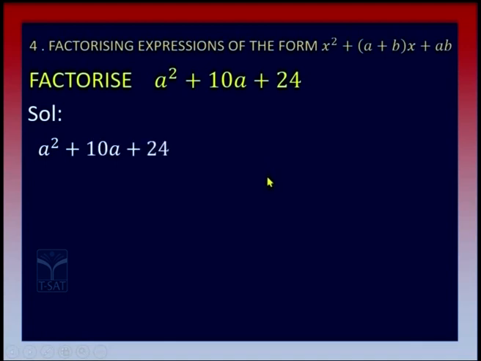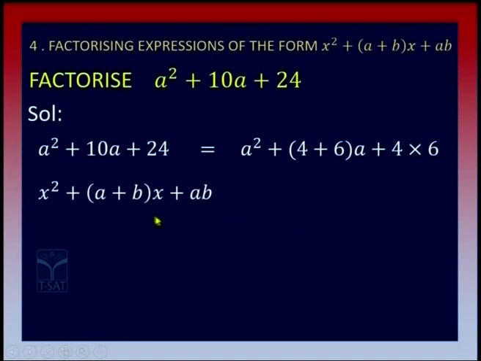Now, you see how I am writing this. See here, a square, 10 is written as 4 plus 6 into a, and 24 as 4 into 6. Make sure the numbers you take here, the same numbers you should take here. 4 plus 6 if you take here, the same numbers you should multiply here. Now, we have just seen if the question is of this form, we can factorize it into this form.